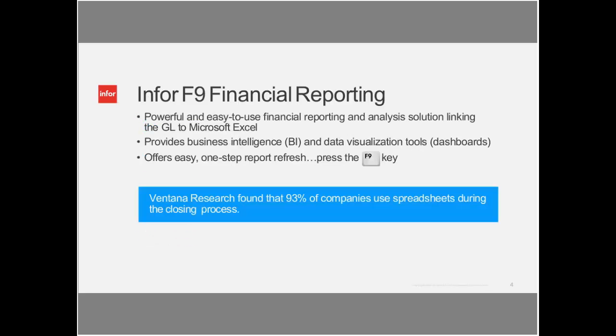Okay. So really, the end result is it's very easy to use, and it is a tool that you can use not just to produce your regular bread and butter financial reports, but also to analyze information and to build more advanced reporting systems such as business intelligence and data validation reports, dashboards, that kind of thing.